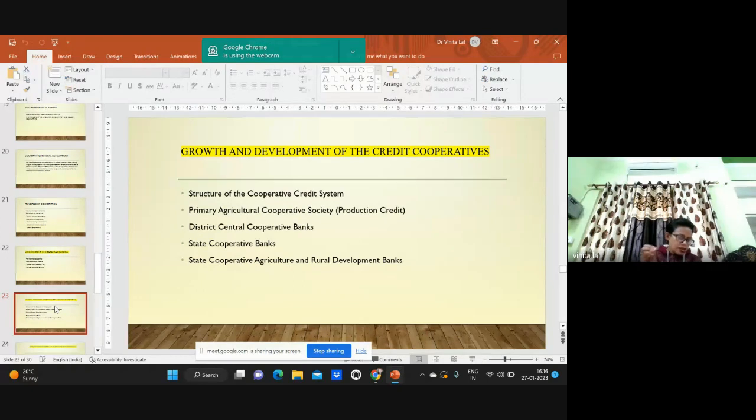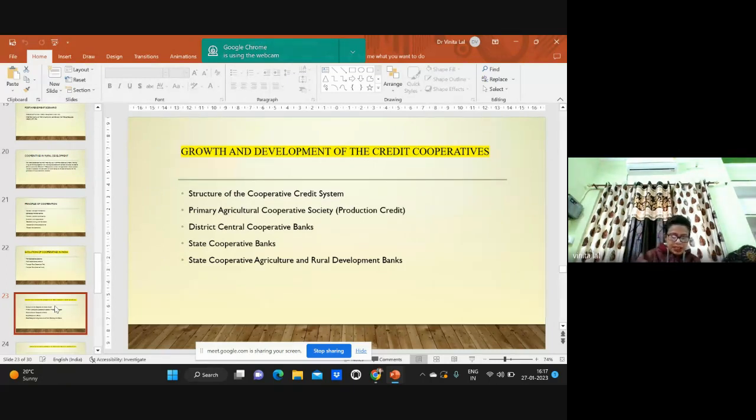This is the structure of production credit, a 3-tier system comprising the state government bank at the state level. And the investment credit structure was 2-tier: the state cooperative agriculture and rural development bank at the state level, and the primary agricultural cooperative rural development bank at the grassroots level.